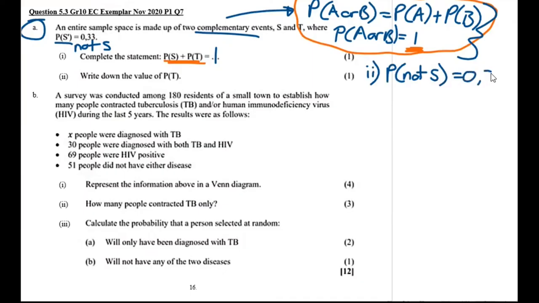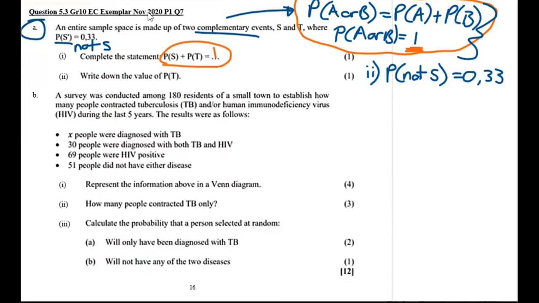No, ma'am. Okay. But if we have a look at what they asked in the previous question, they kind of gave us a hint there that to get the probability of T, I'm going to need the probability of S. Do you agree? Yes, ma'am.